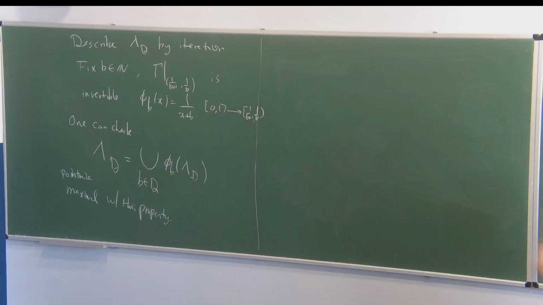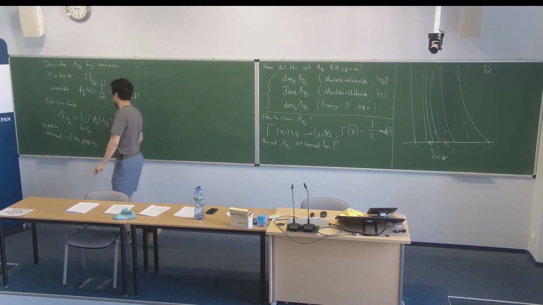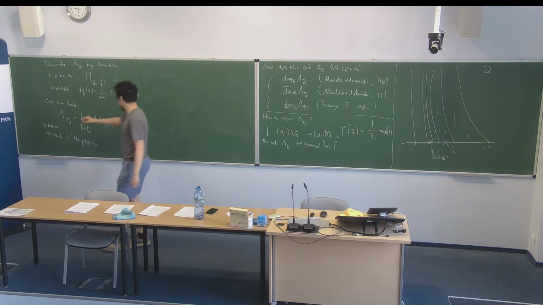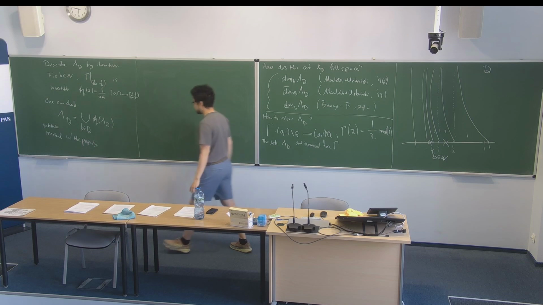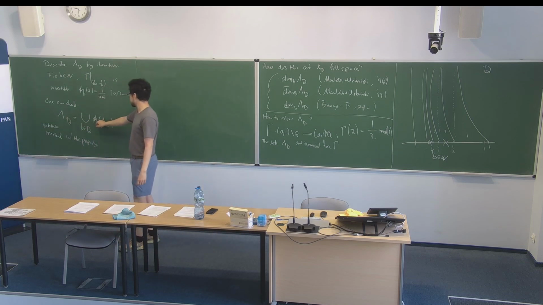So now instead of thinking of a picture like this, we're thinking of a picture that looks something like the following. We have a set, lambda sub d, which we want to understand, and it is essentially composed of a number of rescaled copies of itself.